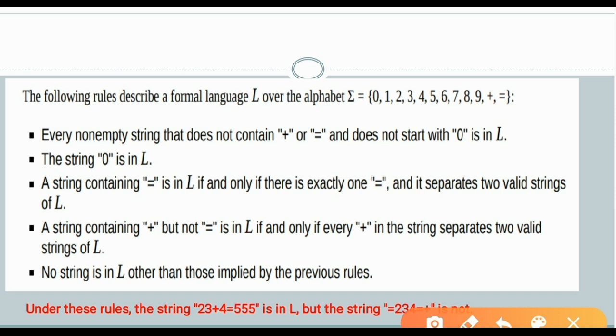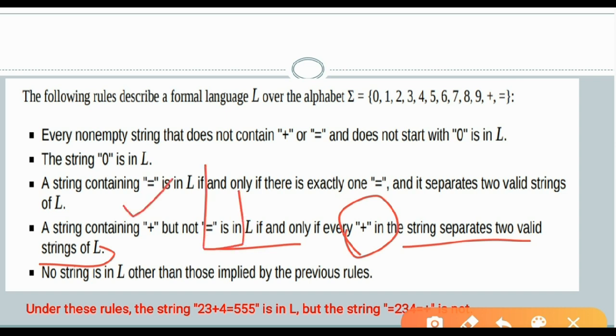And next, a string containing plus but not equals is in L if and only if every plus in the string separates 2 valid strings of L. So this is another condition. A string may contain a plus, but it does not have equals.